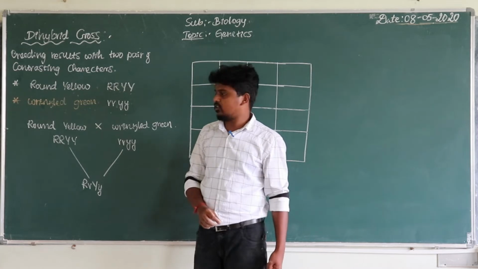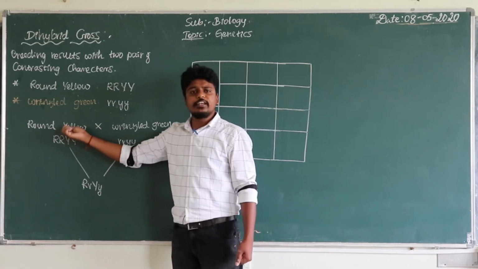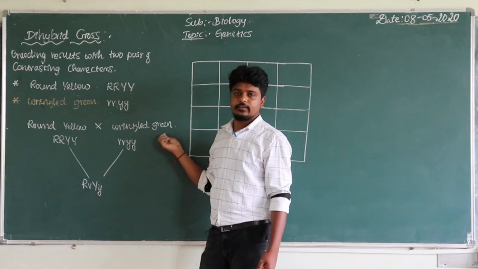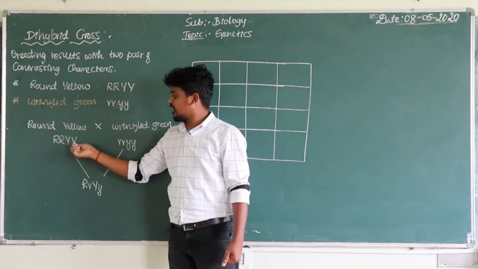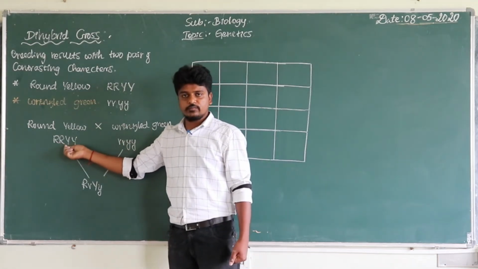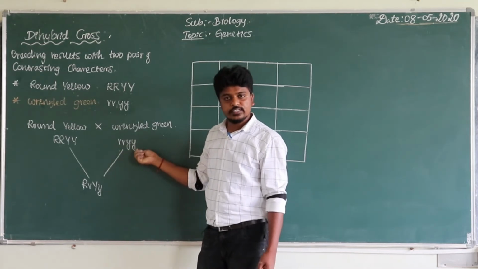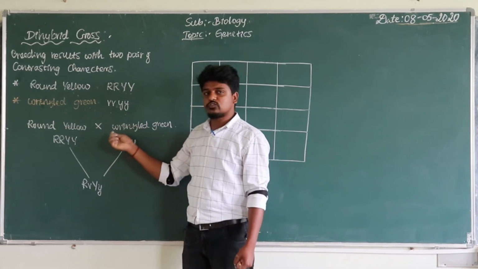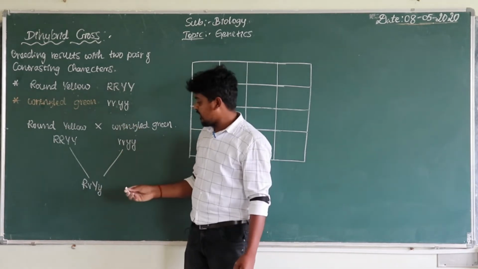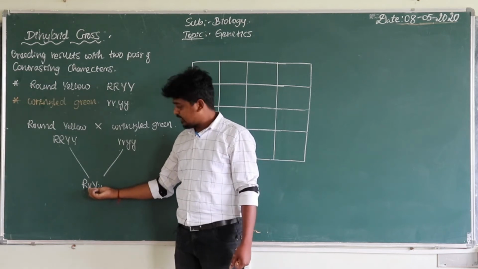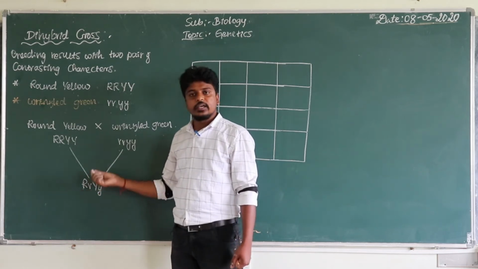Have a look here at how to solve this one. When you cross round yellow with wrinkled green, you know that round yellow is capital R, small r, capital Y and capital Y, and wrinkled green is small r, small y and small y. When you cross these two, you will get capital R, small r, capital Y and small y.